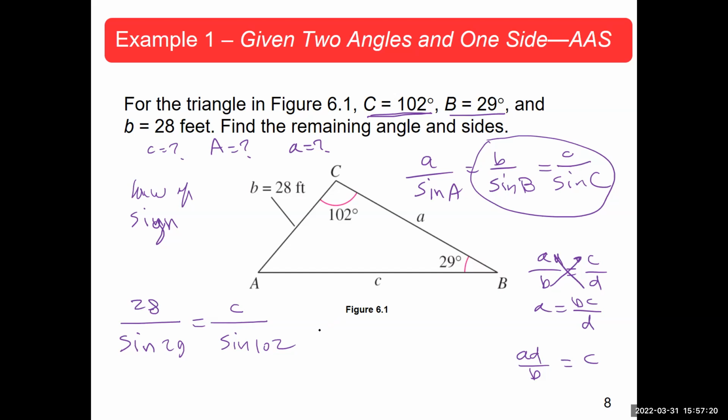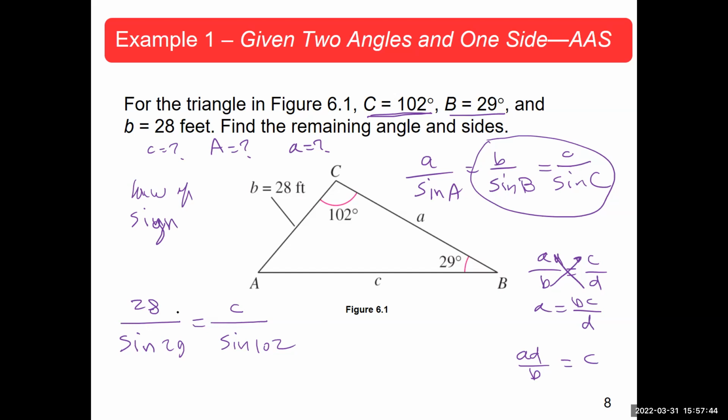Unlike what you learn in school, do cross product, then divide both sides by something, and you get the answer. That's complicated to me. It's easier to just think diagonally, move diagonally, just pick it up, put it there. You can take it from the bottom, put it on the top, or take it from the top, put it in the bottom. It's still correct.